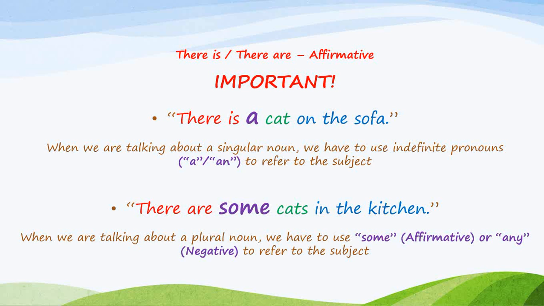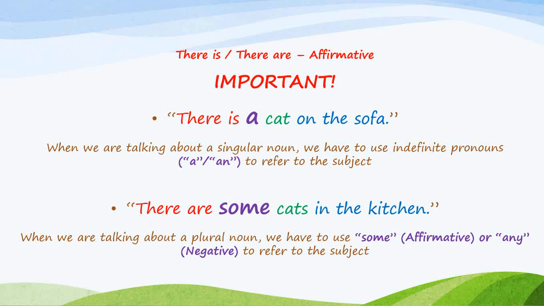When we are talking about a singular noun, in this case cat, we have to use indefinite articles like a or an to refer to the subject. Only these two indefinite articles. Okay? But now with the second sentence, there are some cats in the kitchen.